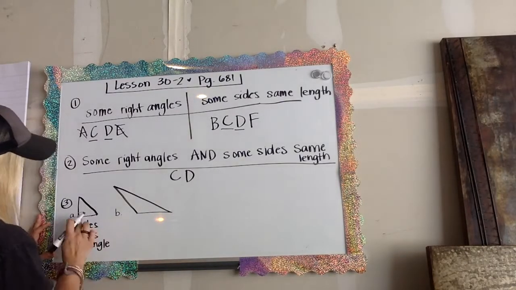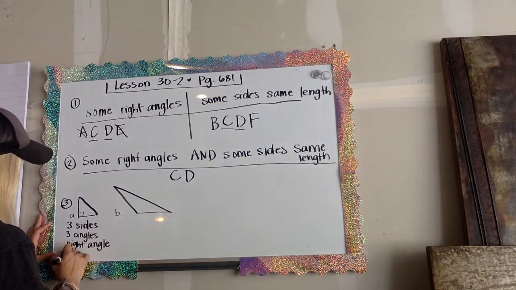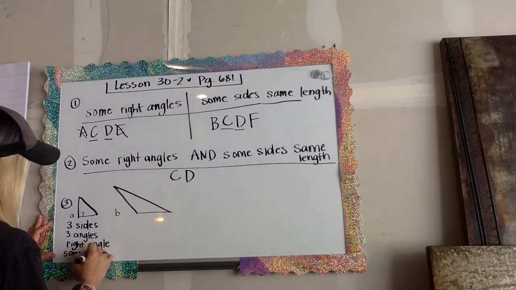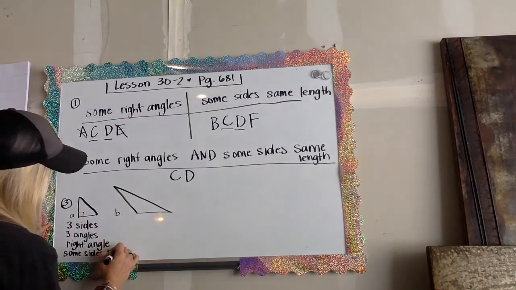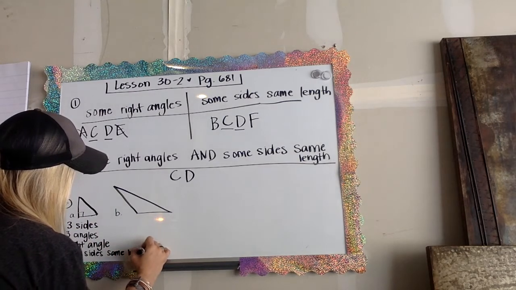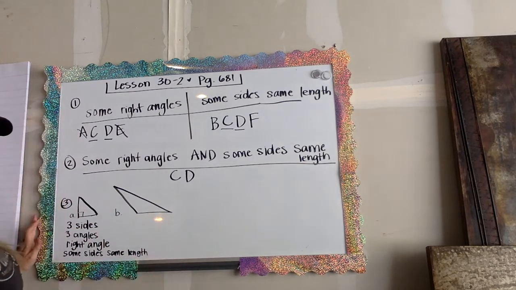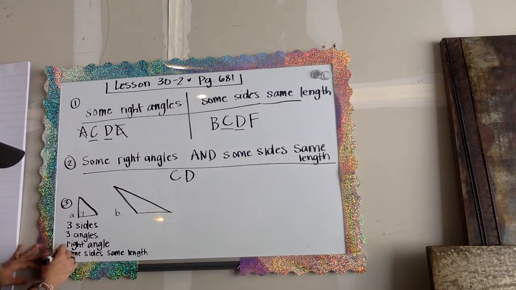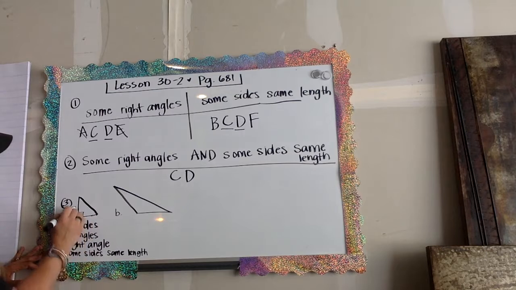And it also has some sides that are the same length. I think that's a really good way to describe that triangle. Actually, it's two sides that are the same length. It's this one and this one.